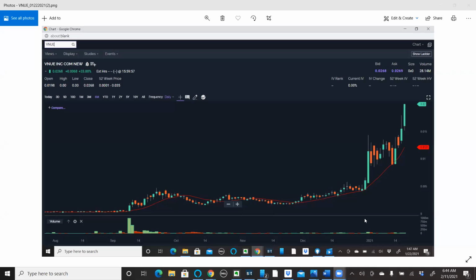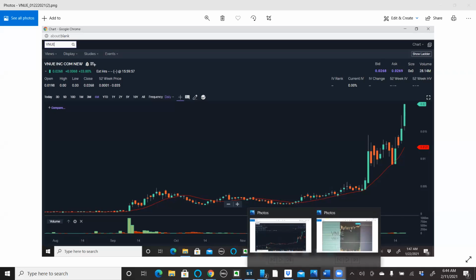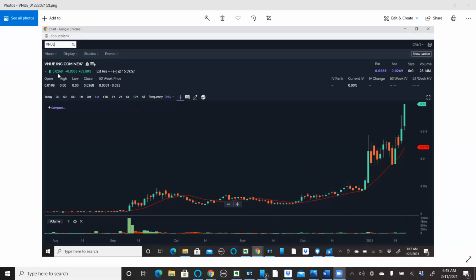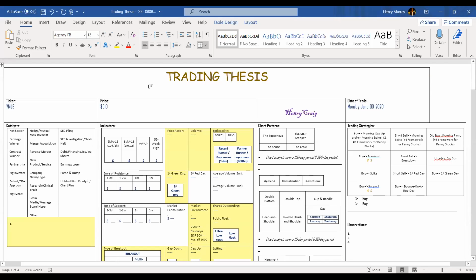All right, and this is the daily chart of VNUE and the closing stock price on January 22nd, 2021 was $0.0268. So let's put that in our sheet.